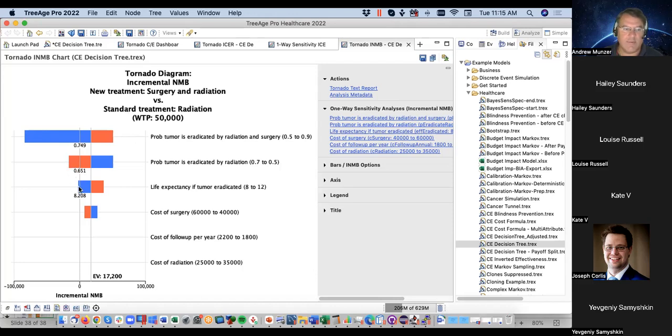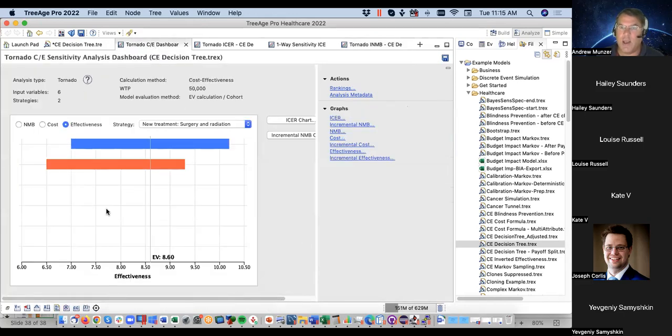This part of the range and this very small part of the range recommended the standard treatment rather than the new treatment. So again, we're really just trying to give a better vision of what you run, and immediate access to the critical results and graphs that really tell the whole story about what happened.